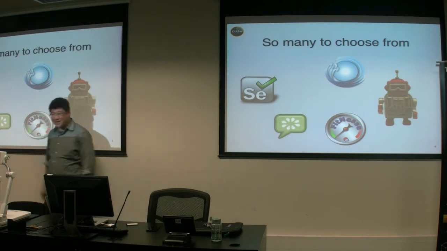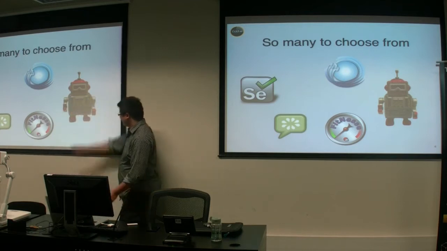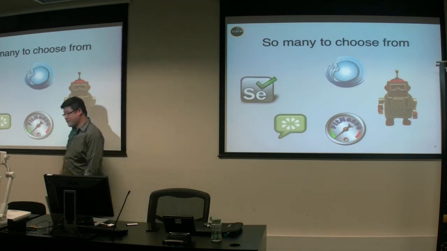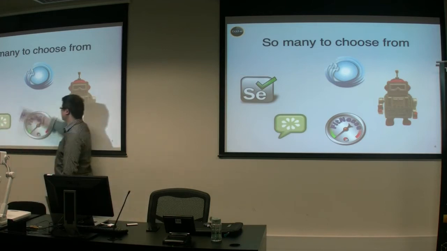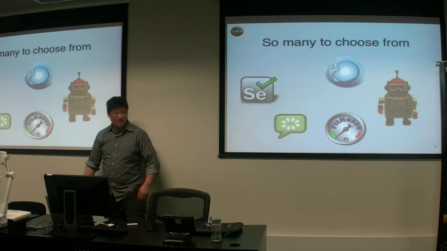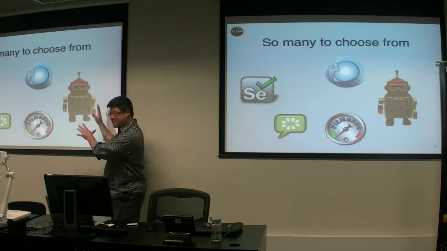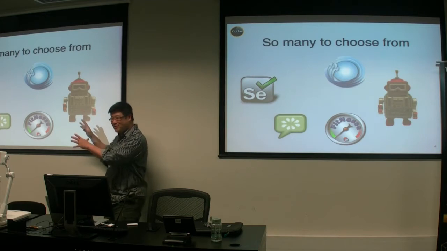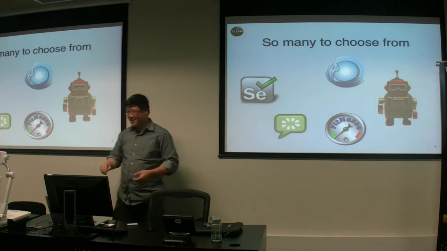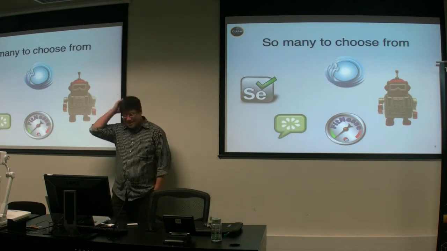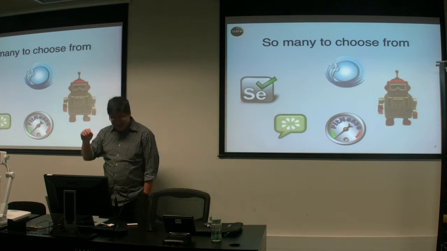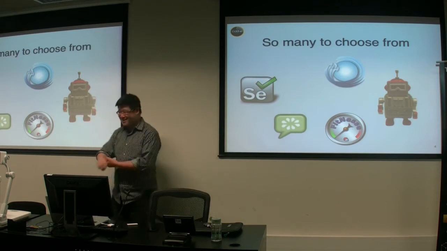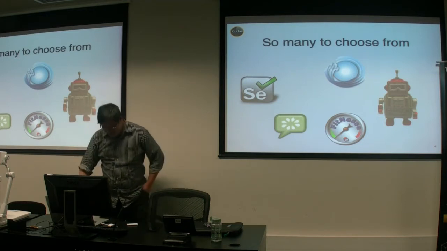Like Cucumber, you might have heard of it. This is Robot Framework. Fitness, for those who work on web development. This is Selenium, and this is Watir. You might not recognize these logos, but hopefully you have tried some of these. And nowadays, it's really 2013, and you shouldn't do much manual testing when these automated options are available.